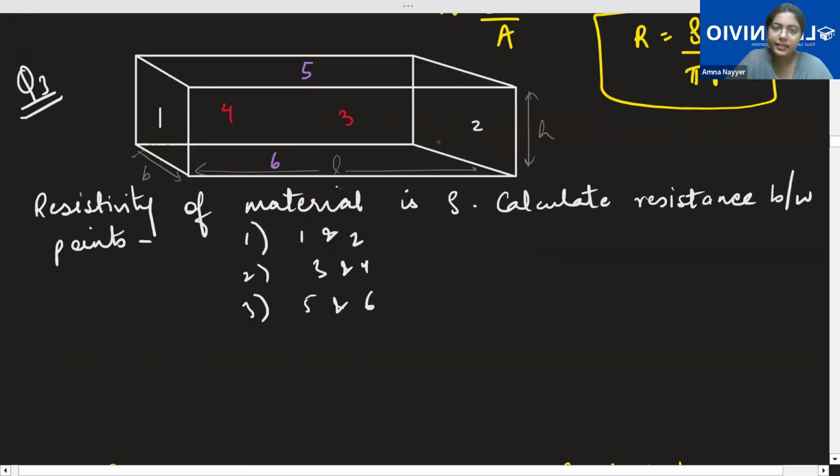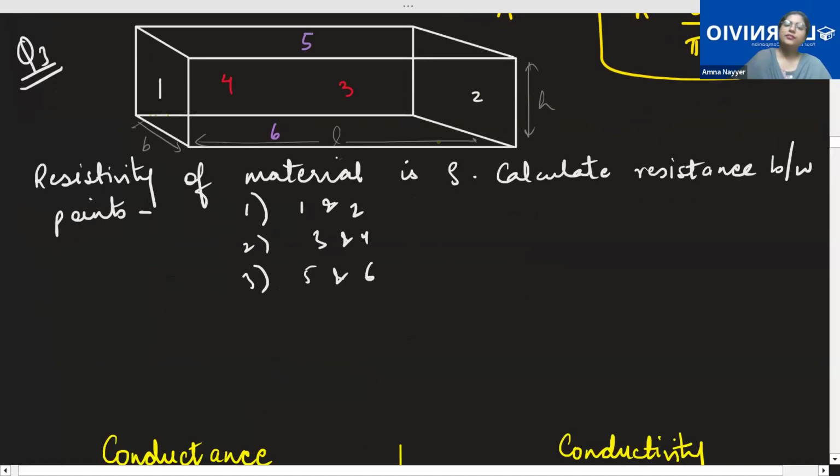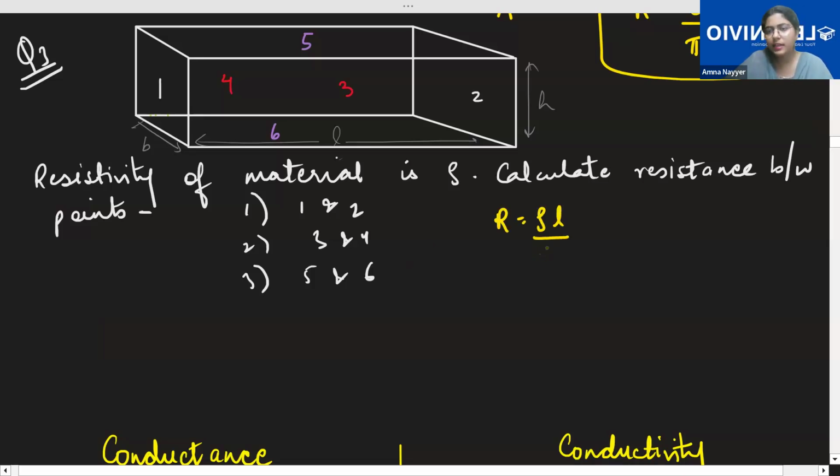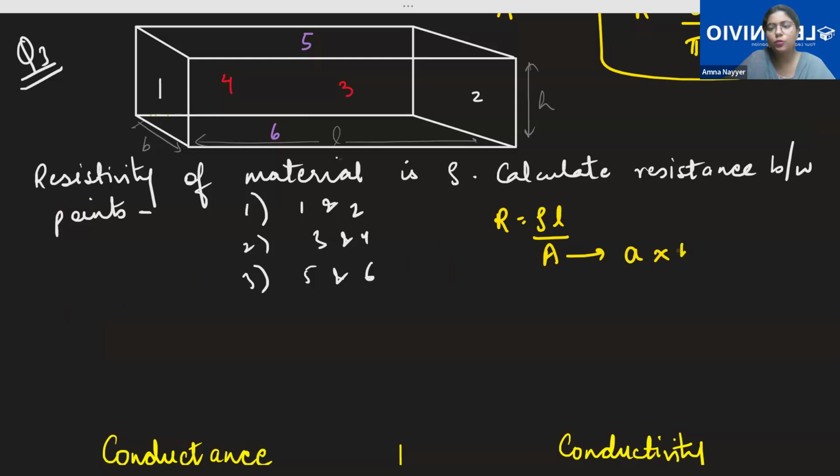Now when we calculate the resistivity of the material, if you have any figure where two faces are given, like a cuboid, and between the two faces you have to calculate the resistance or resistivity. The actual formula of resistance is rho L by A. Here the area will be the dimensions, A into B for a rectangle, because all individual pieces are actually rectangles.